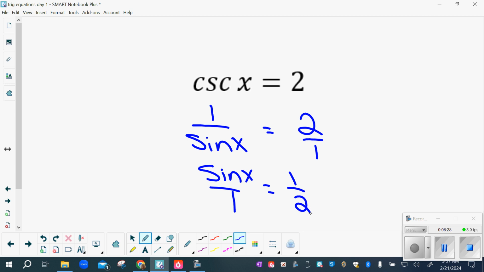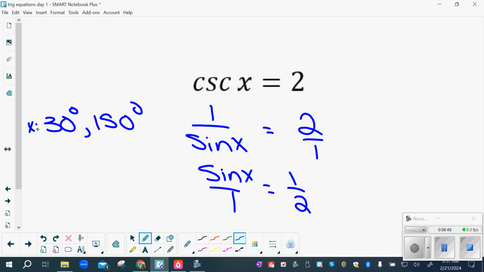It's 30 and 150. That's awesome. X is 30 or 150. How'd I get it? It's in my unit circle.